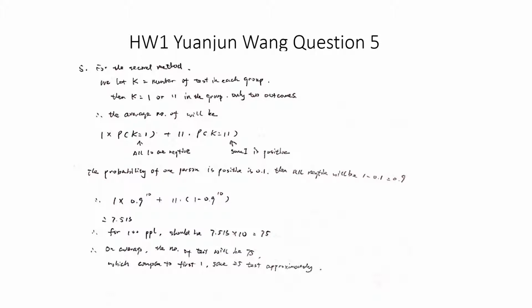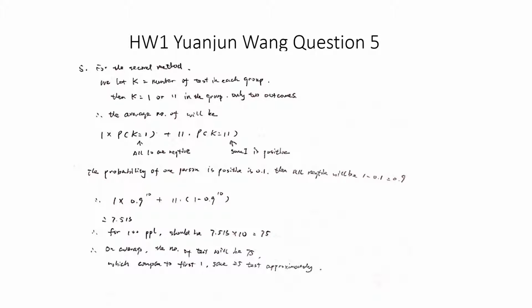As the question gives us, the probability for one person is 0.1. Which means the probability for a healthy person will be 1 minus 0.1, which equals 0.9.